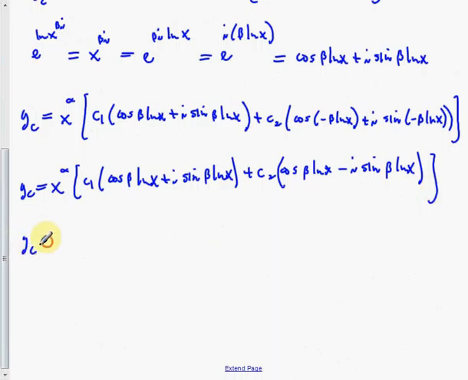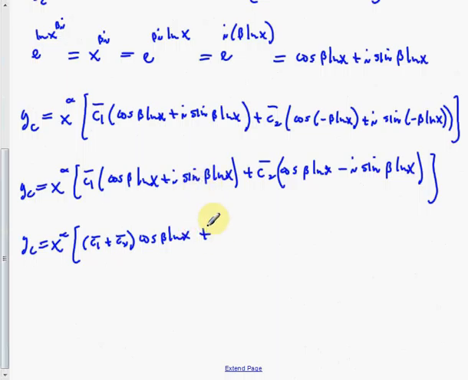So y sub c is equal to x to the alpha times, getting the cosines together, c sub 1 hat plus c sub 2 hat times cosine beta natural log of x.